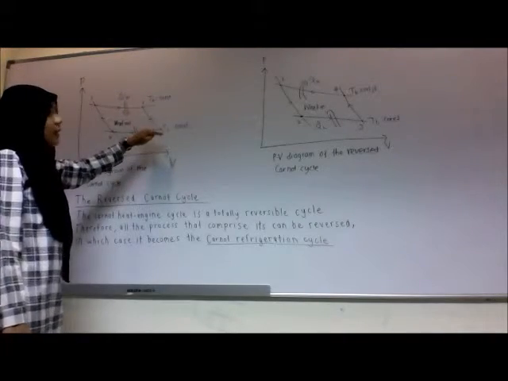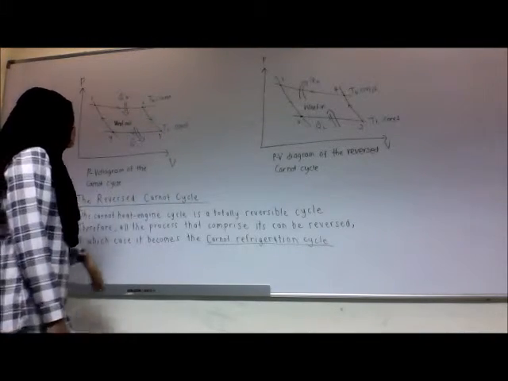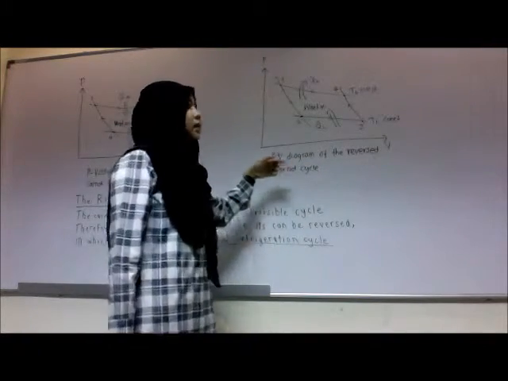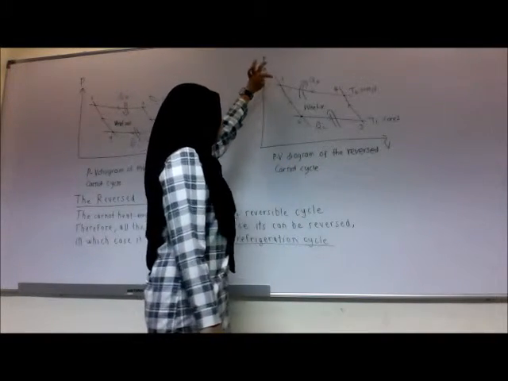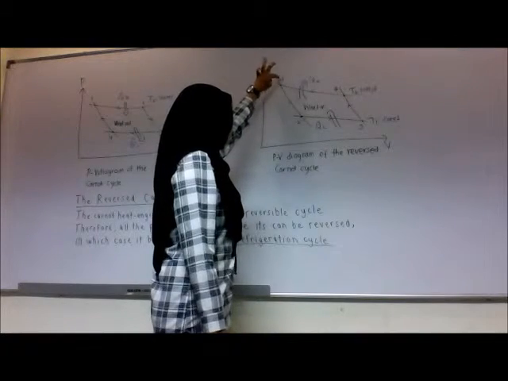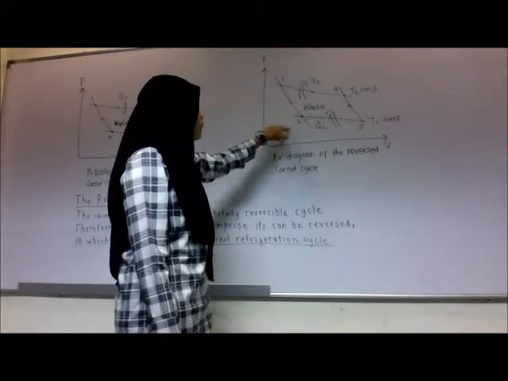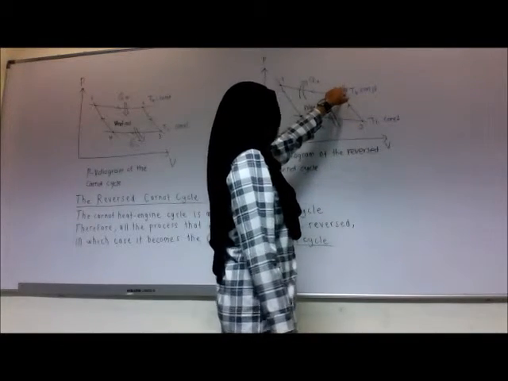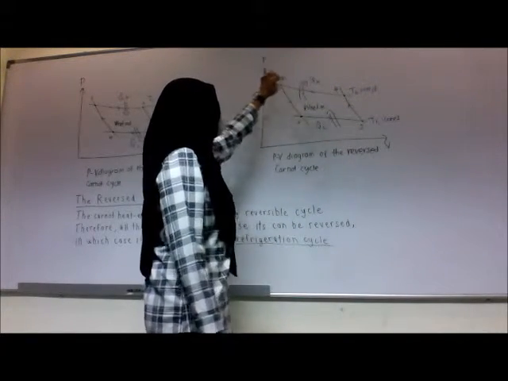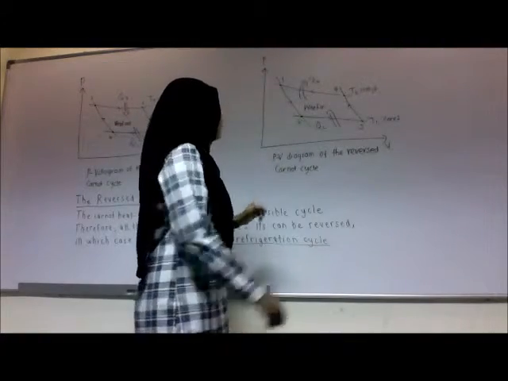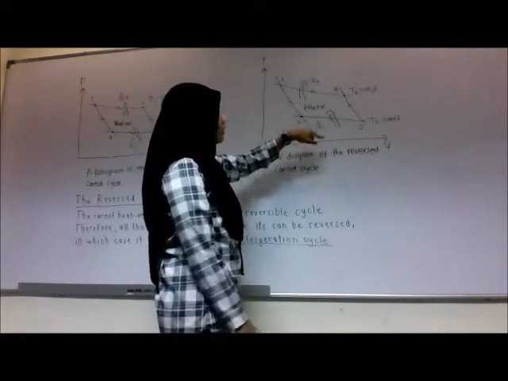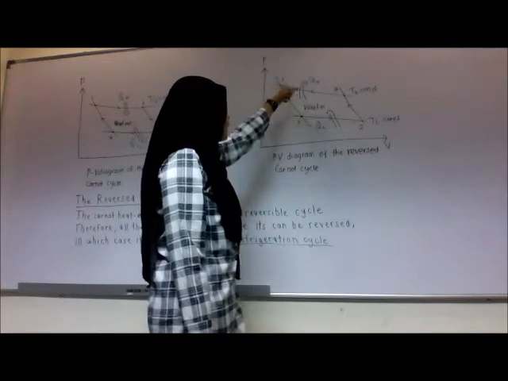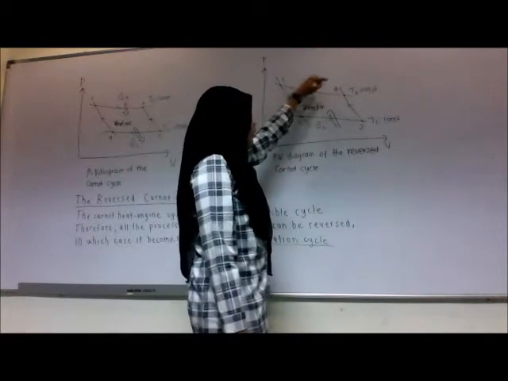constant. So we look at the reverse Carnot cycle, where it's from point 1 to point 2, from point 2 to point 3, point 3 to point 4, and lastly back to point 1. So we can see QL going into the system, but QH going out of the system, where TH and TL are also constant.